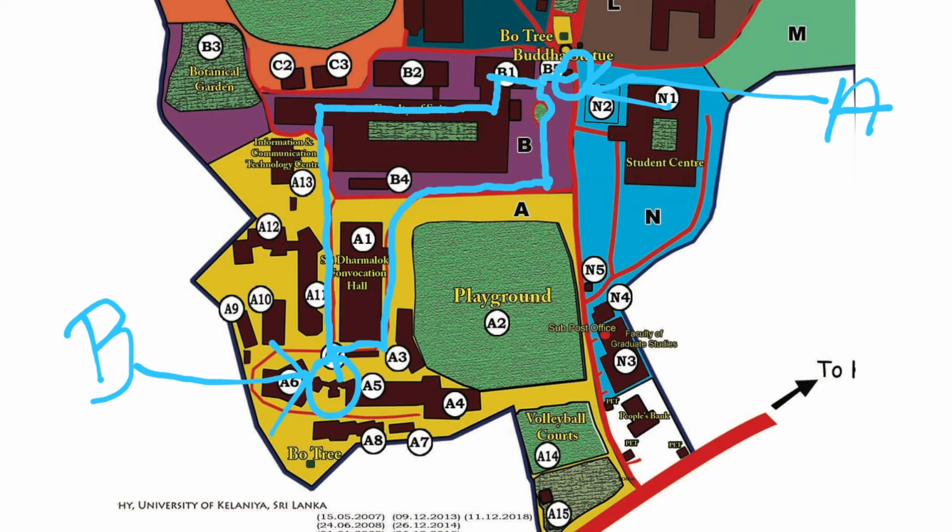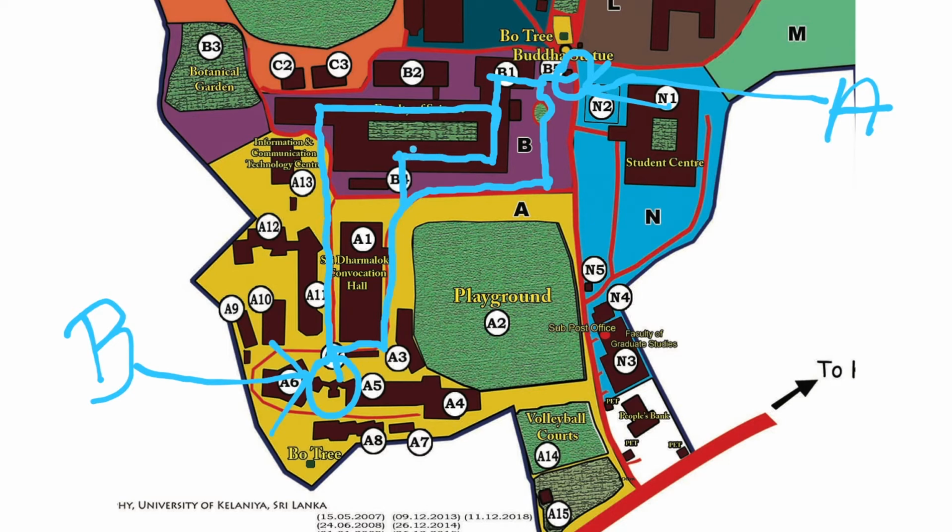You can enter the science main building, then you can come all the way to the end of the building, and then you can take the right turn, and in between the Department of Zoology you can take the left turn again, and you can join the same Y junction. Then you can follow the previous path we have discussed in step 1. And there is another, slightly longer path. You can guide the guest on a different path.